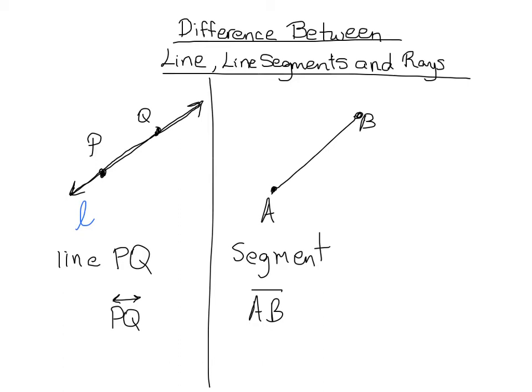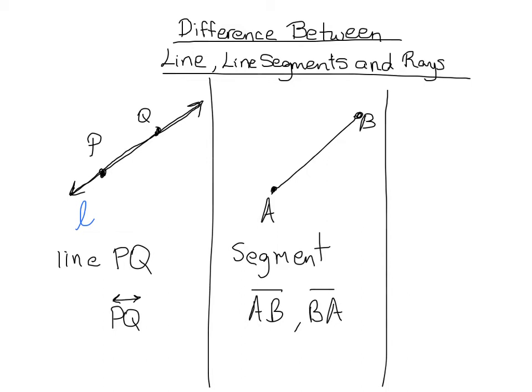Now it can go both ways, it has two endpoints, not just one, so we can actually call it BA. It doesn't matter if we're reading it from left to right or right to left. So it's actually AB or BA, but it's super important when referring to a segment to put a segment symbol on top of the AB or whatever capital letters you're dealing with.